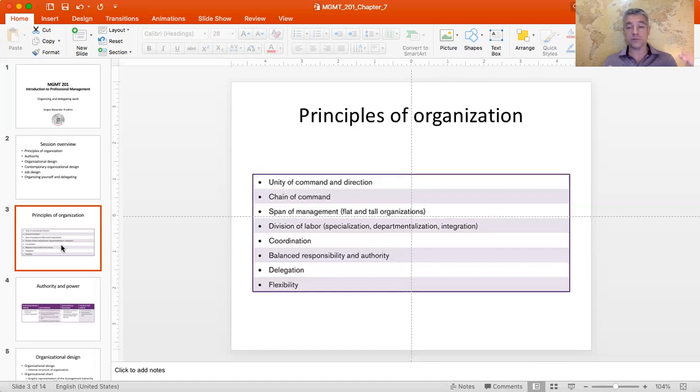Within the organization, precisely because you have those different layers of management and different functions, you have to carefully balance responsibility and authority. Responsibility refers to you being accountable for the task you are assigned.